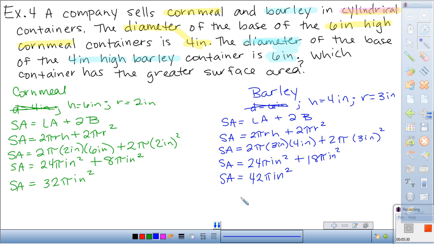We can see from here it's very easy to tell which one has the larger container, cornmeal or barley. It is definitely barley. Now we could do a quick check, but I feel from here you've probably had enough information. I think you can do this all on your own.